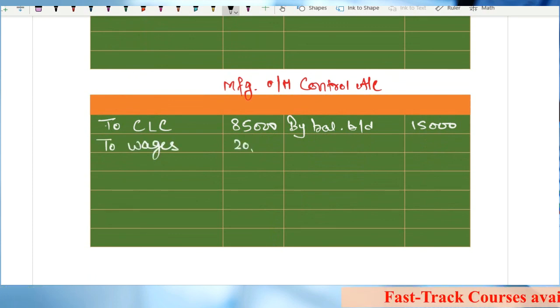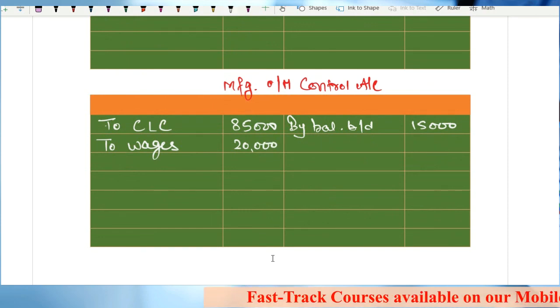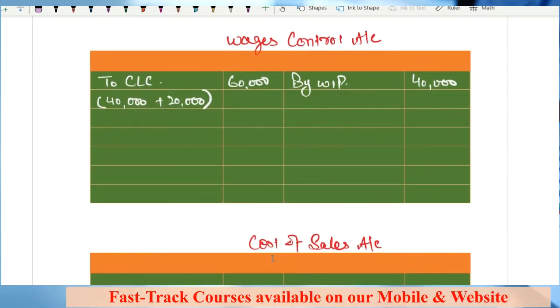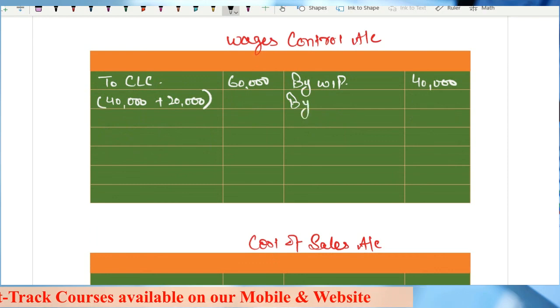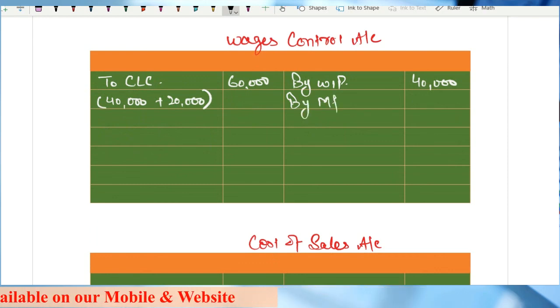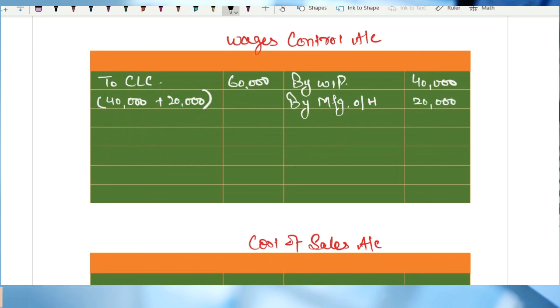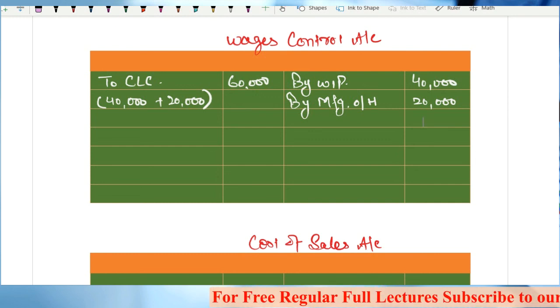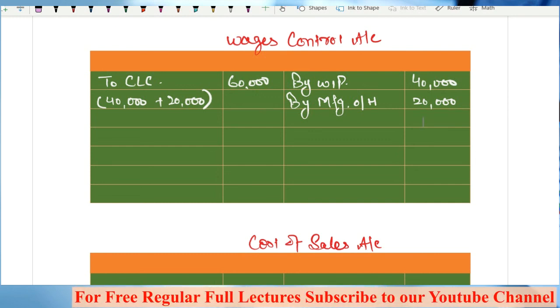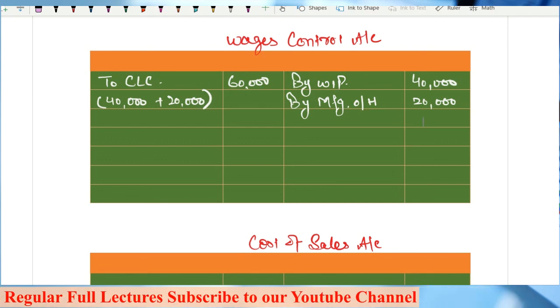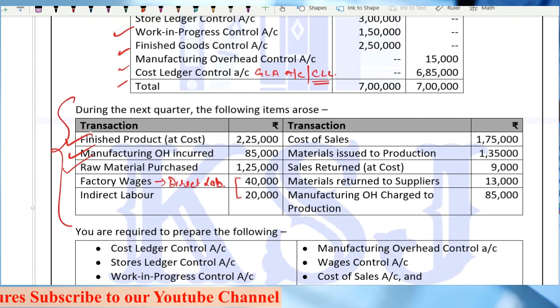That is 20,000 for indirect labor, and in the wages I will write by overheads control account. By manufacturing overheads control account, 20,000. Right? Any doubts up till this point? Now this is the benefit that I told you, that you prepare all the formats first and then keep on posting. Right? So we are done with the factory wages, we are done with the indirect labor.